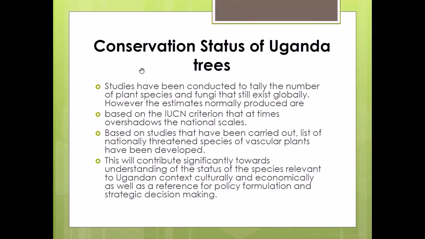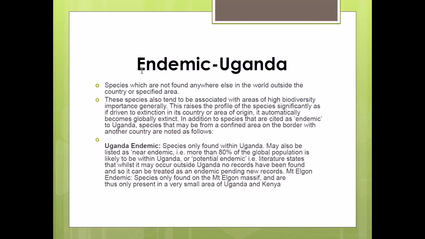Next. Well, in Uganda, we have endemic species, around 15 of them. Endemic means species which are not found anywhere else in the world, outside the country or a specific area.